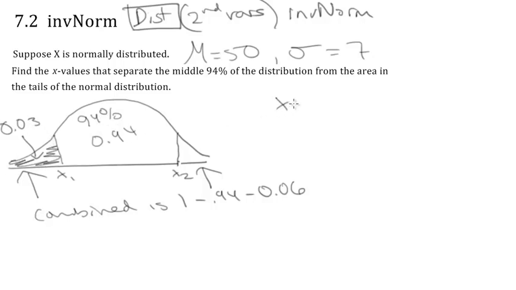So to find x1, x1 is going to equal inverse norm 0.03, comma 50, comma 7, which is equal to, where do I have this written down?